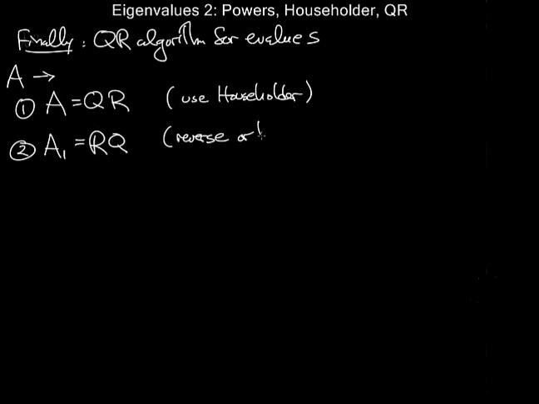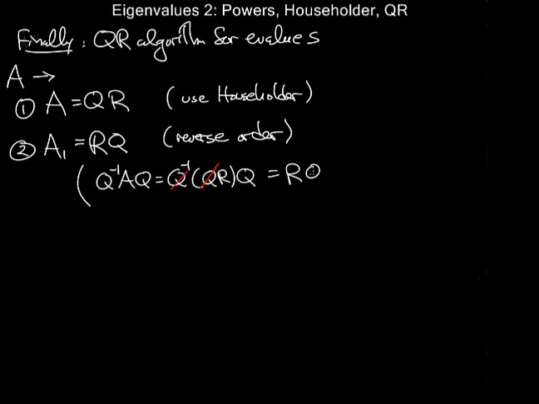You simply switch the order of Q and R. Now, it turns out this is similar to A because Q inverse AQ is Q inverse QRQ. You cancel those, and that's RQ. So RQ and QR are similar, so it's okay. I haven't changed anything.